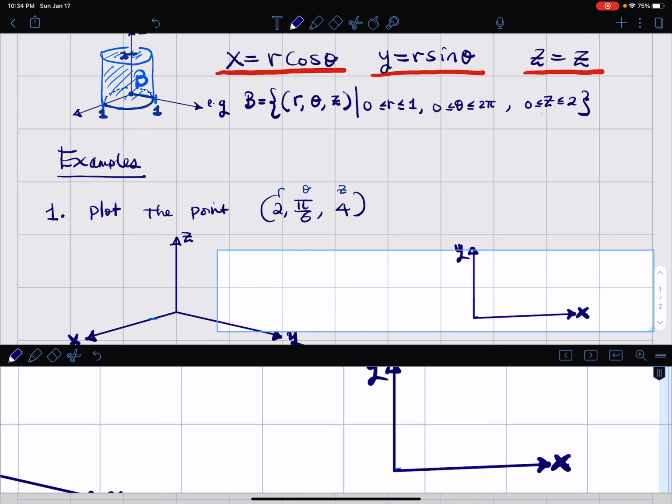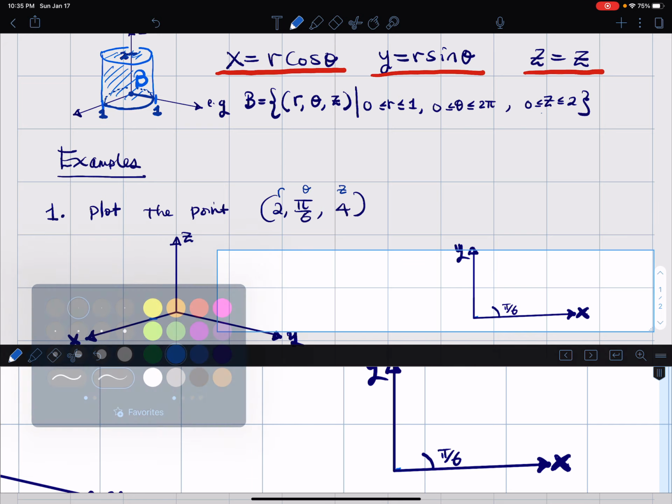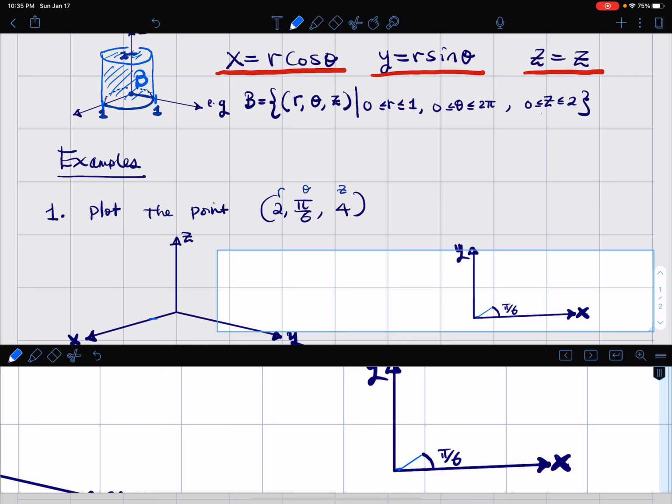Theta pi over 6 is 30 degrees, so we're going from 0 to 30 degrees, pi over 6. And then we want to extend 2 units outside. This is 1 unit, and this is another unit. So this is our point here.